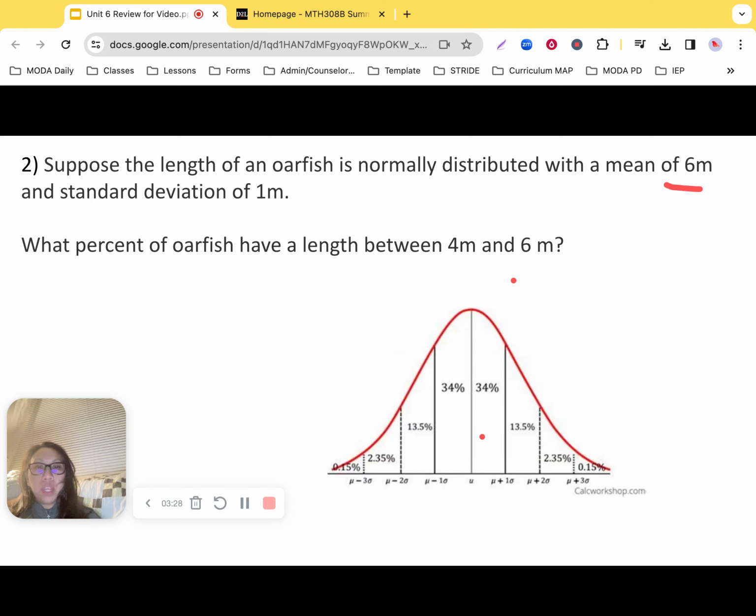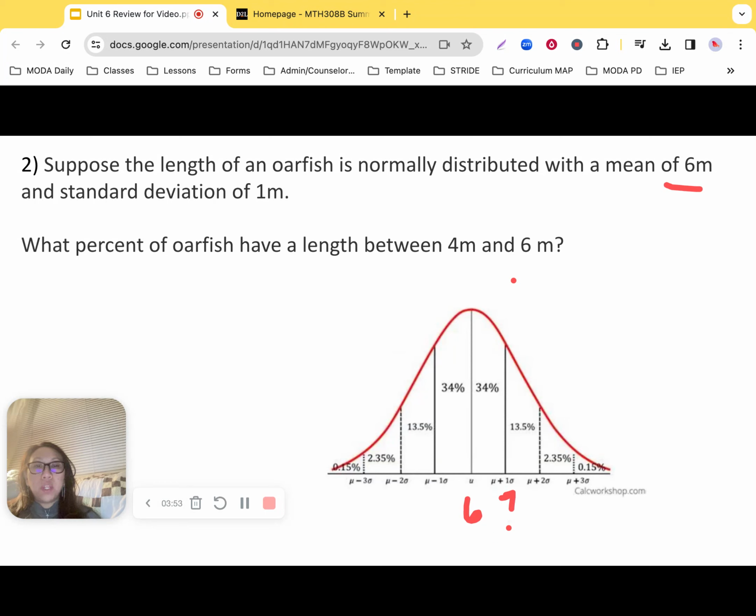This one right here in the middle should be our 6, represented by the Greek mu, the mean, and we have a standard deviation of 1. For one standard deviation, we add 1 to the mean 6, so that would be 7.